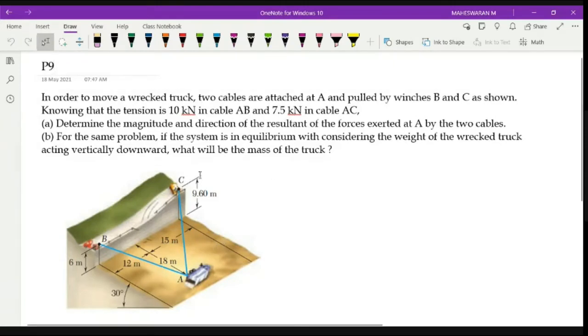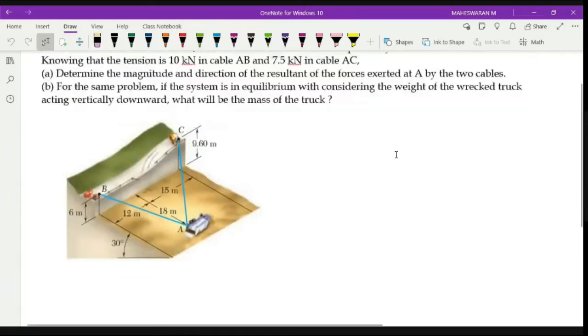The first question is what will be the magnitude and direction of this force, right? You only have to consider these two, so that you know how the truck will move when you apply a force like this. That is my first question.